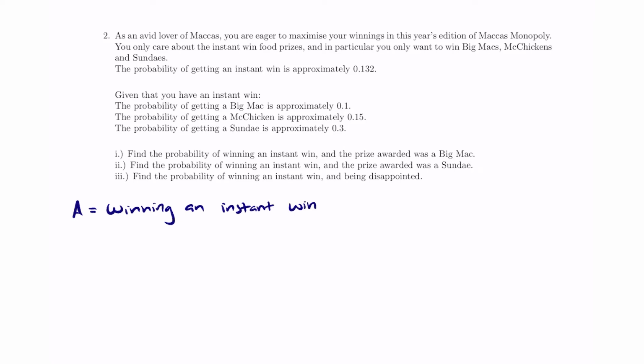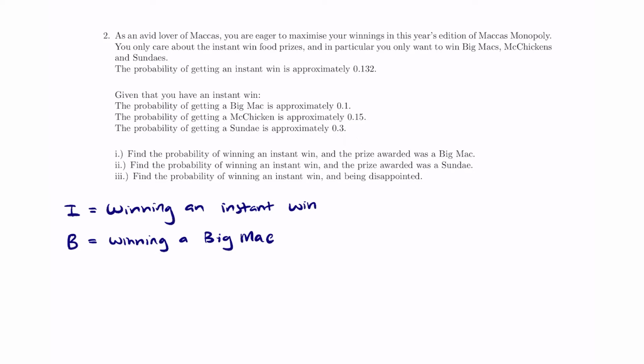In fact, let's rename it I, because I is a better representation for instant. And then let's call event B the event of winning a Big Mac.